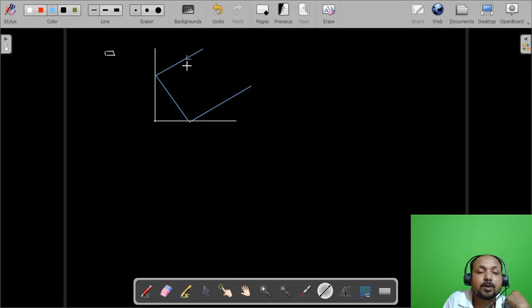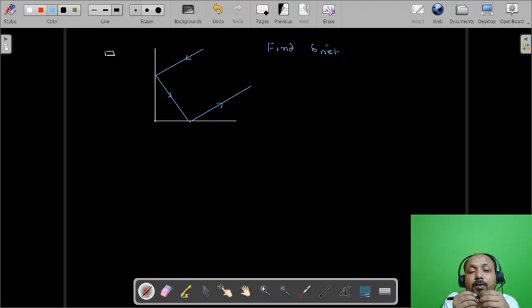The mirrors are perpendicular to each other. So find del net.